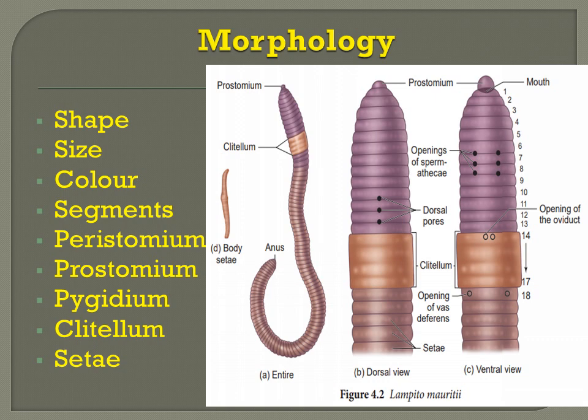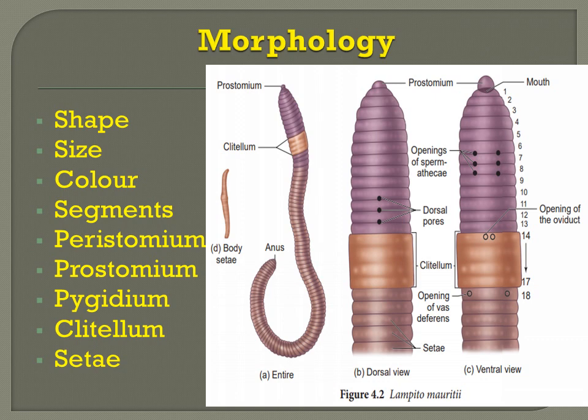Can you notice there are some pores or holes marked there? That is useful for the reproduction process. That's what they mention as genital pores. So if genital pores are present, that is the ventral view, and if there is a mid-dorsal line, that is known as the dorsal part, right?